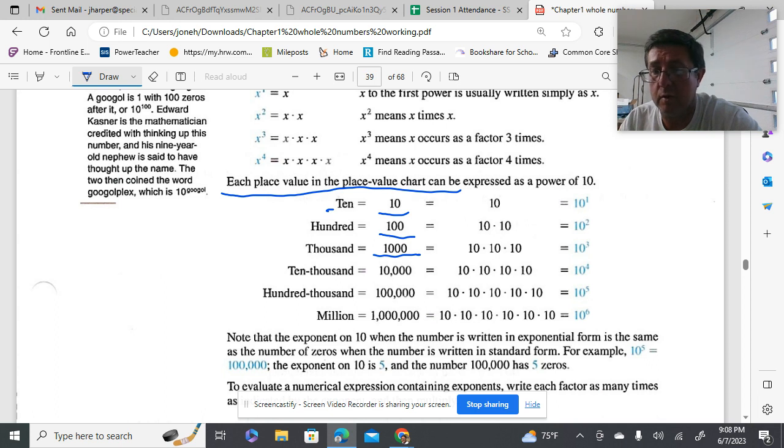I do not know what 10 to the fourth power is, but for this, you would enter 10, and then you would hit the YX button, and then you would enter 4. 10, y to the x, 4 equals 10,000, which is right there.